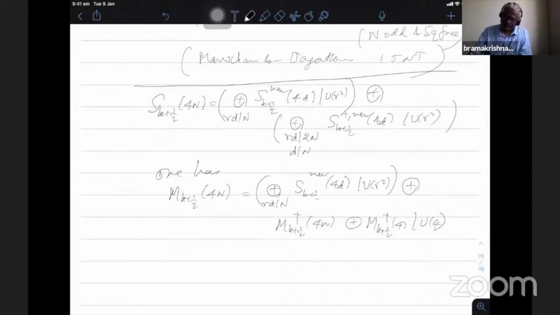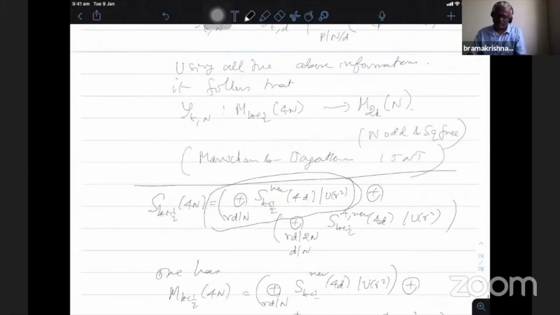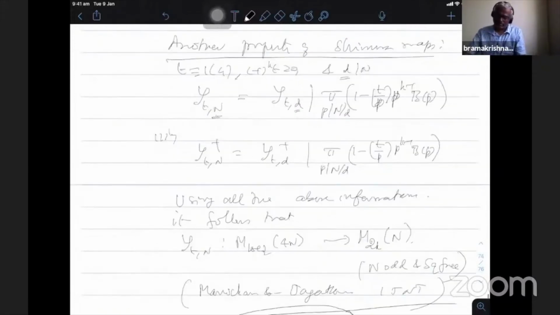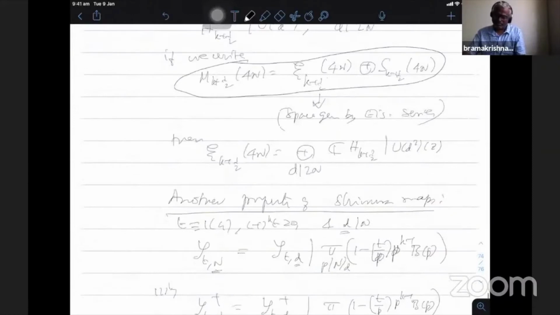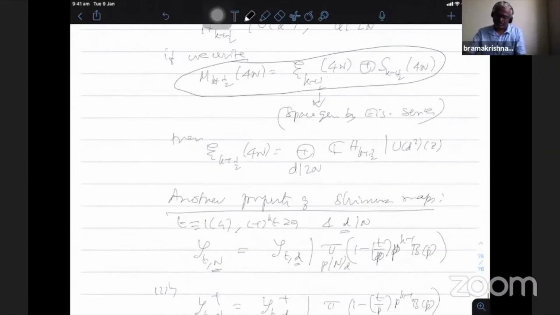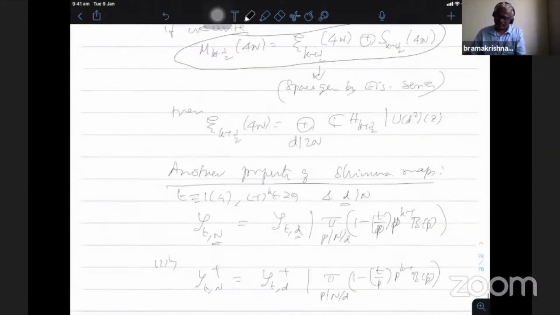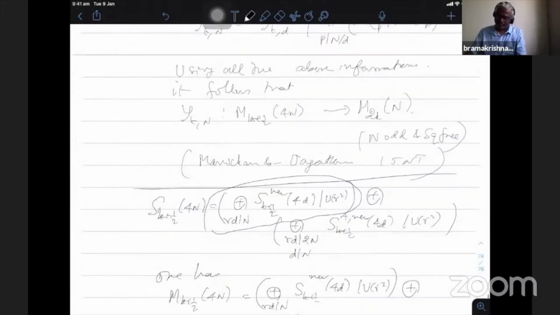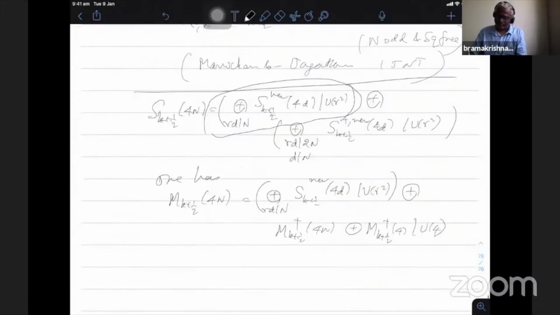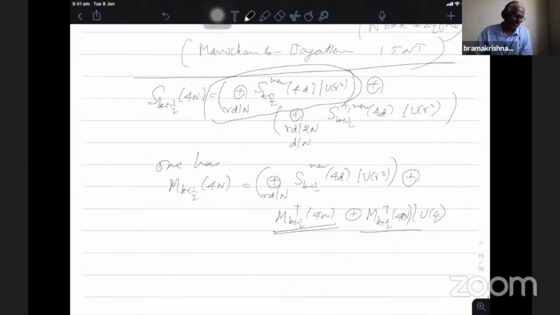Therefore, I single out this one, the new forms coming from outside the plus space. Now, when you go back to the full space, I have the Eisenstein series. They are also coming from the lower levels of the plus space and the duplication. Therefore, combining this and the plus decomposition, it turns out that they are exactly the modular forms in the plus space of level 4n and level 4n bar u. So this is the decomposition which we will use.